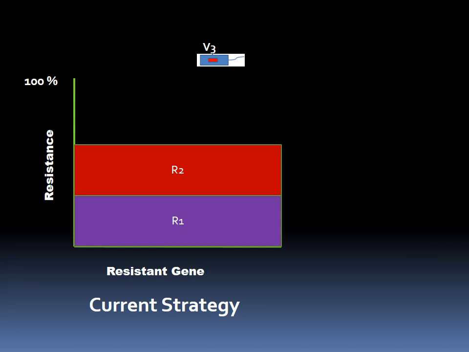Over the years, plant pathologists and breeders reached the conclusion that we should exploit both horizontal and vertical resistance in order to get maximum protection against the pathogen. If you look at the slide, you can find two genes, R1, R2.